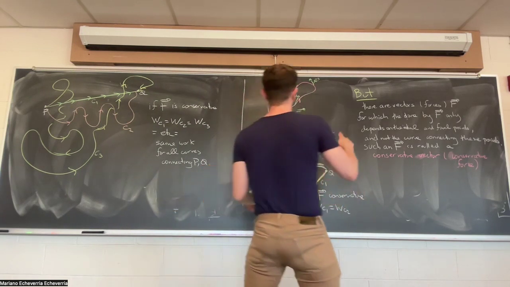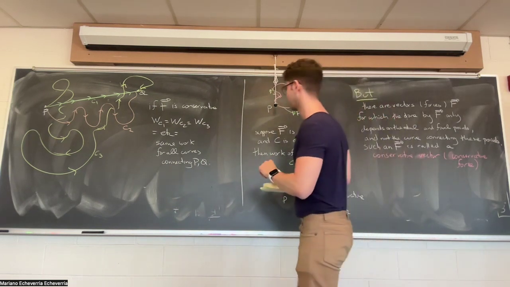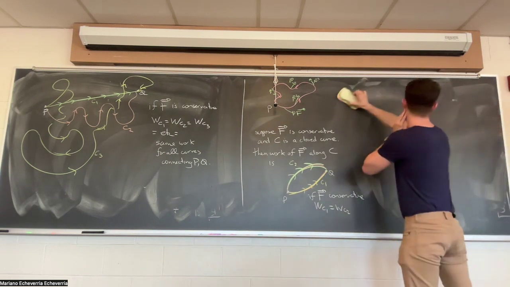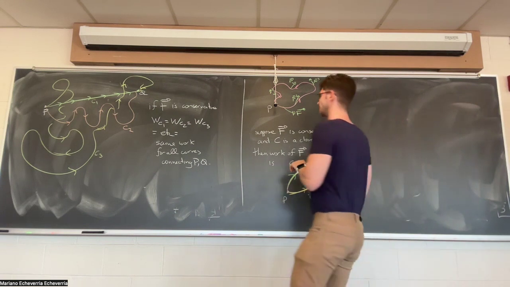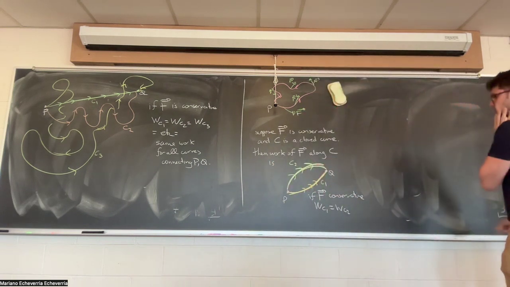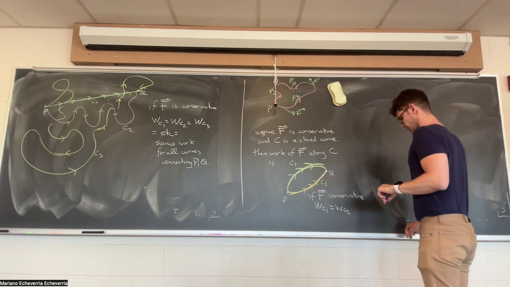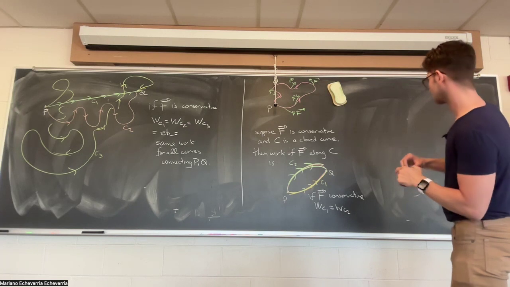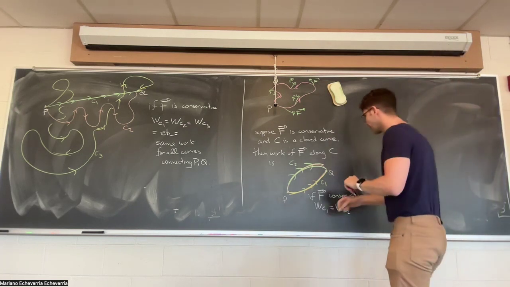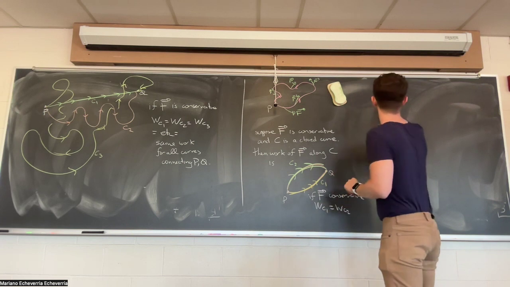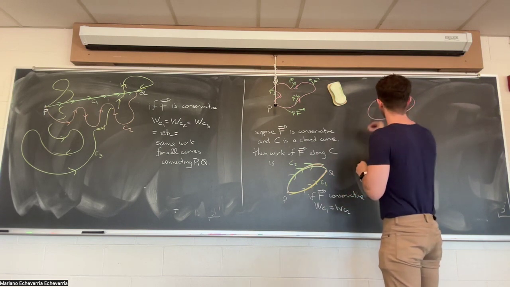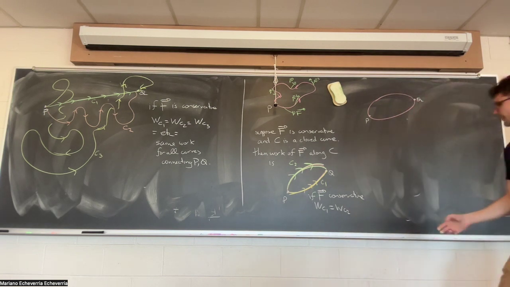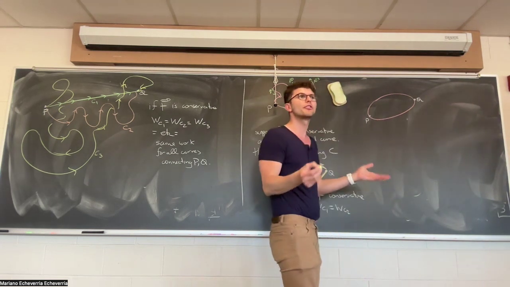So what is the actual situation here? Let me draw it. For the curve that we care about, the original curve, think about it as a literal road that you're driving along.